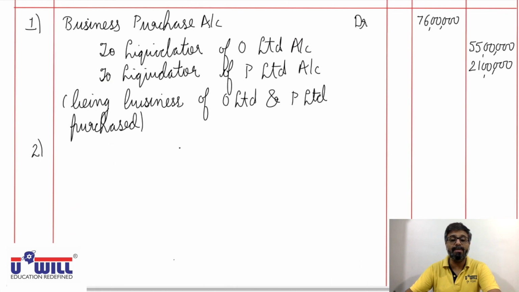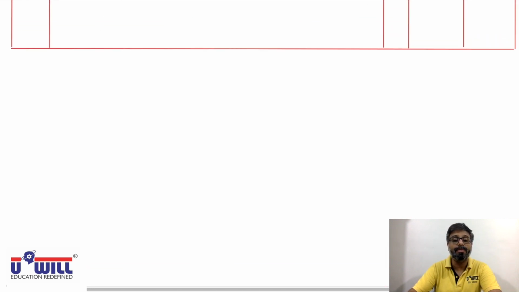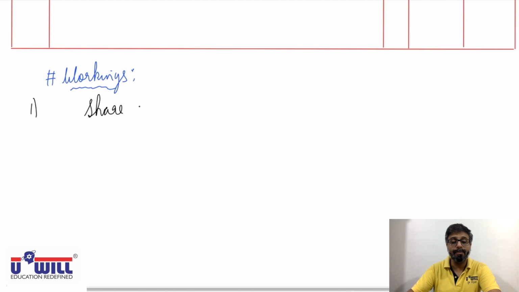So let's do the same thing. First we make the workings. We have done it in earlier questions also. So working note 1. All of you write down working note 1. In question 1 also we have done that earlier. First, share capital of O Limited.